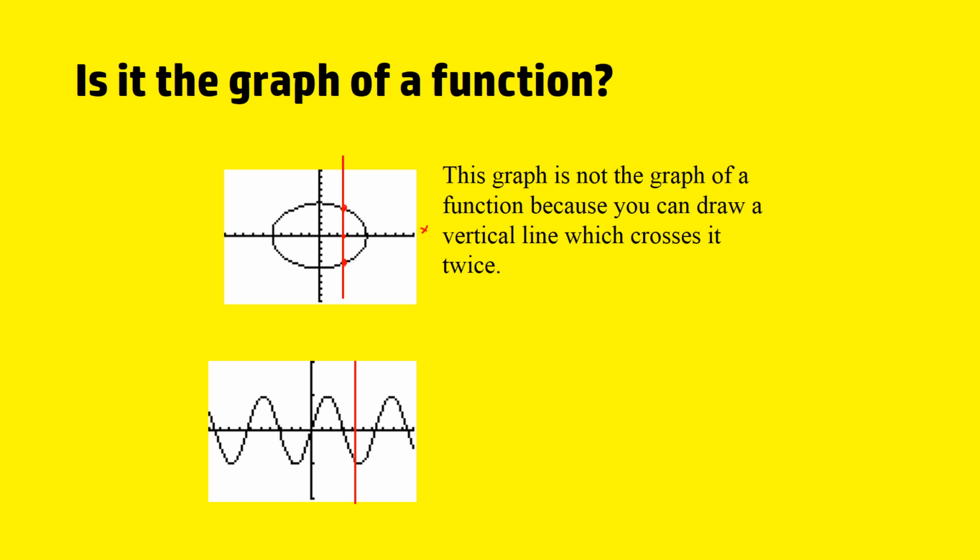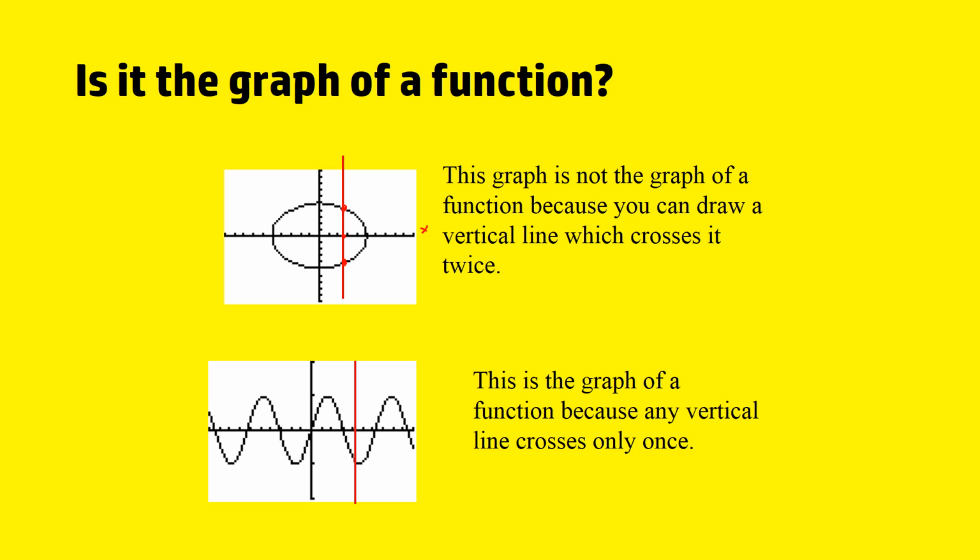But that's never going to happen over here, because any vertical line, no matter where you draw it, we could have drawn it over here, or over here, or way over here, for the x value there's only one y value. And so we do have the graph of a function. Of course, you recognize the vertical line test.